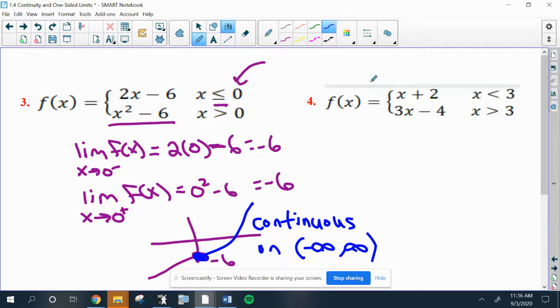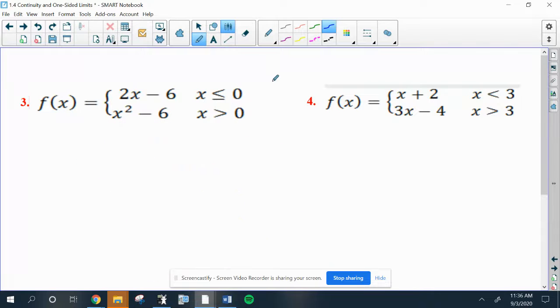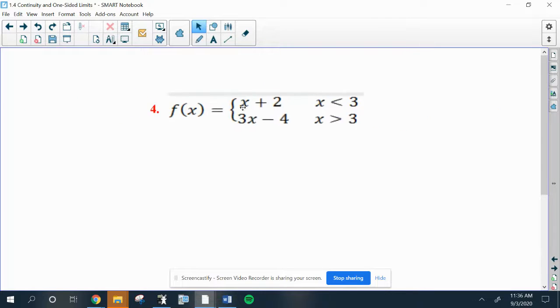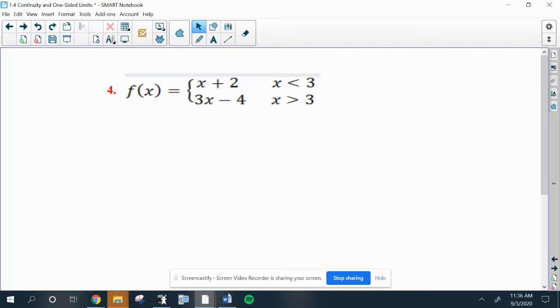Next question. Now this one's going to be a little bit different, so keep watching. I'm going to do the same thing though. But now the point in question is going to be 3, because that's where the first one stops and the other one takes over.